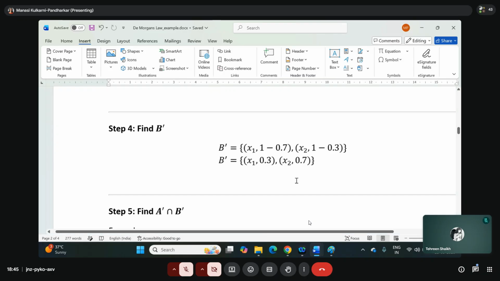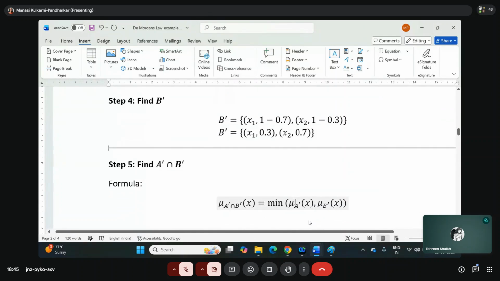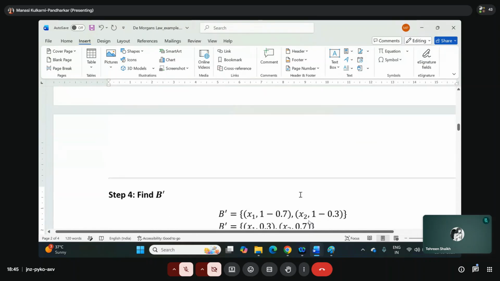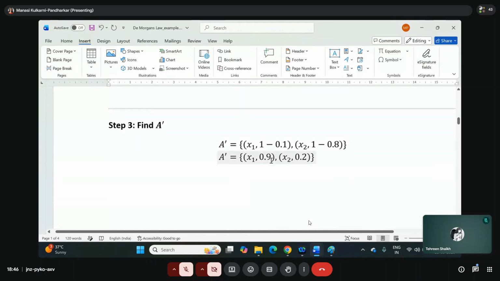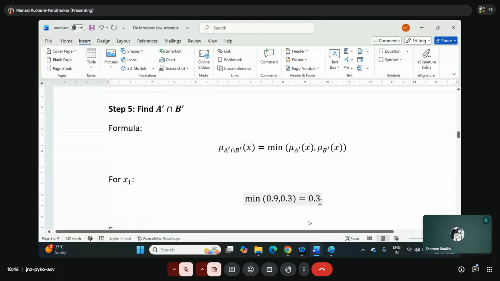Now take the intersection between these. बोलो क्या आता है इंटरसेक्शन का फॉर्मूला? Membership of A's complement comma membership of B's complement, minimum of that. देखो अभी इसमें क्या आ गया था? 0.9 and 0.3. So what is the minimum? 0.3 for x1.